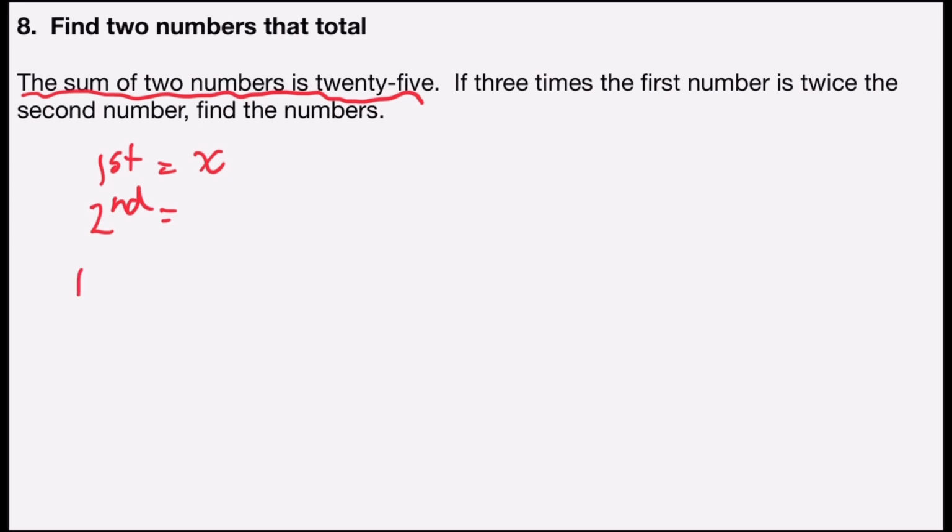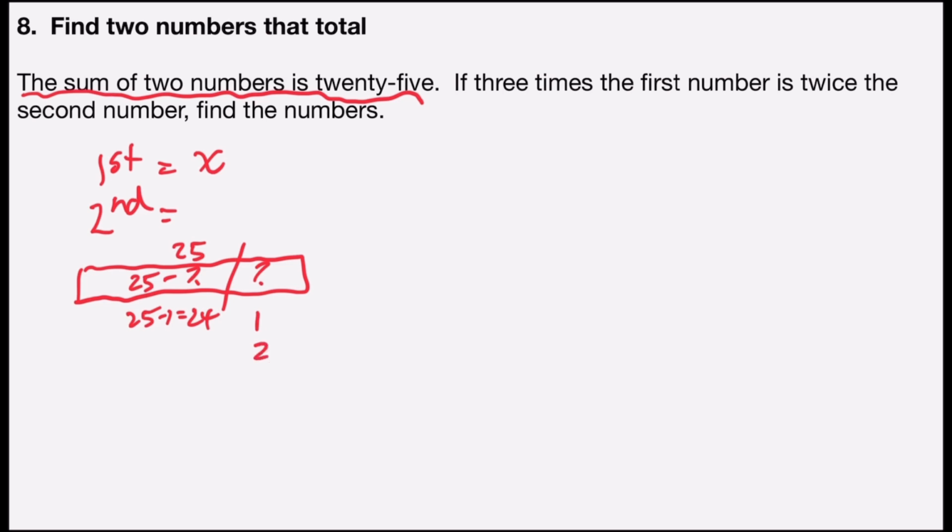So let's think about a piece of wood, or a small little board, that's 25 inches long total. If I cut a piece off, what's left is going to be 25 minus whatever I cut off. For example, if I cut off 1 inch, what's left would be 25 minus 1, or 24.